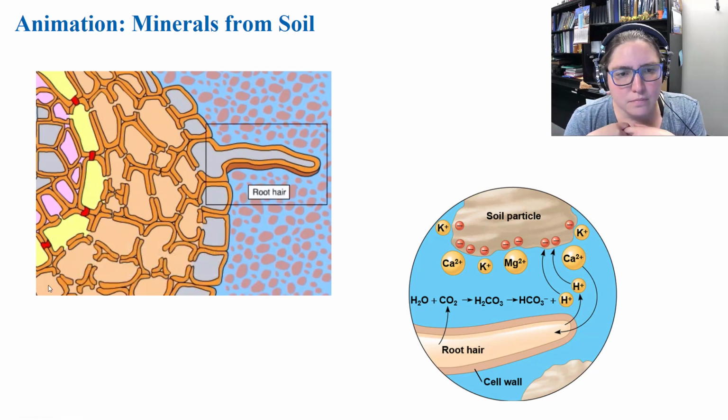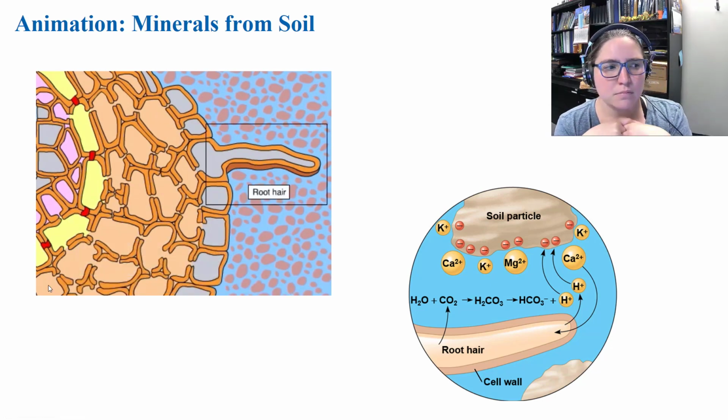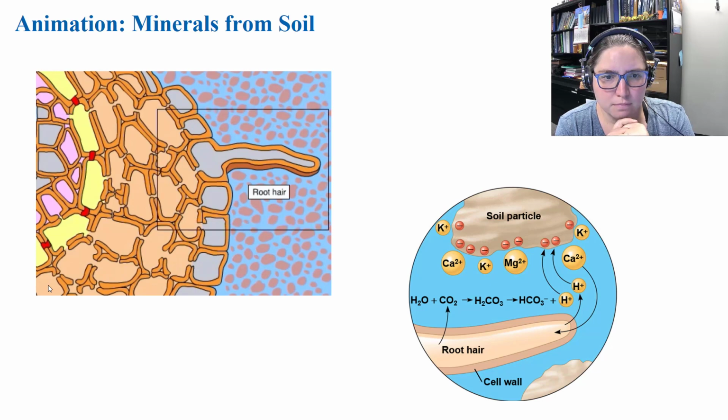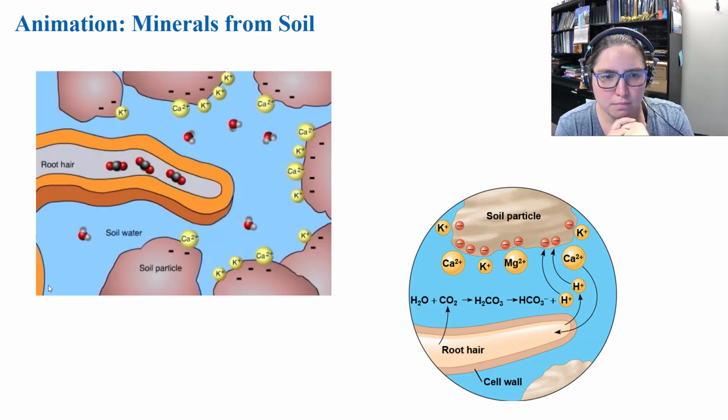Using this cross-section through a root, we can review the way root hairs take up minerals from the soil. First, we enlarge the root hair for better visibility. Roots use ion exchange to detach positive ions from negatively charged soil particles. Root hairs achieve cation exchange by releasing molecules that react in the soil solution to produce H+ ions, which displace the soil ions.